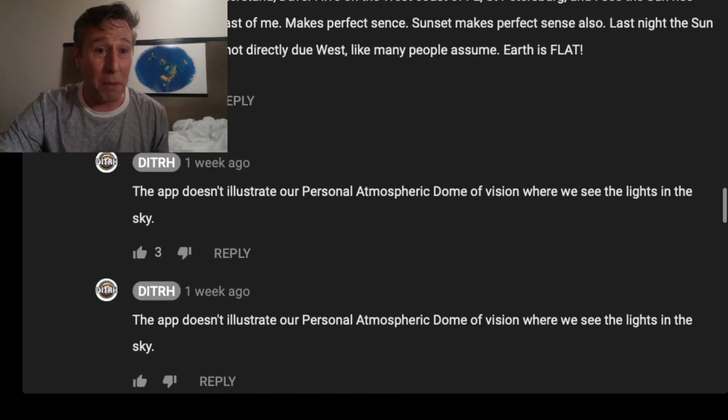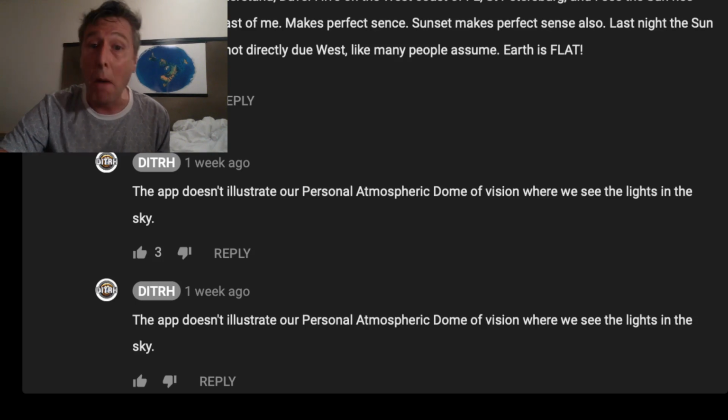David Weiss replies, the app doesn't illustrate our personal atmospheric dome of vision where we see the light in the sky. That's right. That's what he writes. Like, that's not gibberish. The app doesn't illustrate our personal atmospheric dome of vision.